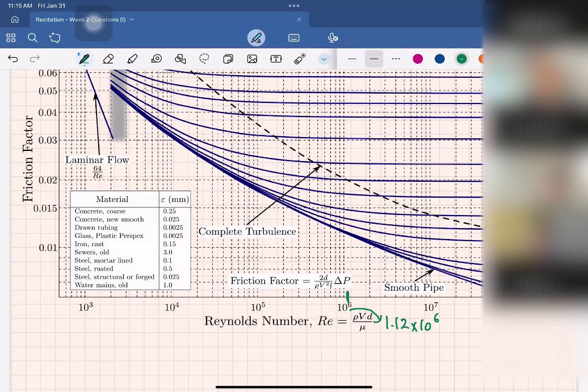It should be around here. Again, we are going to draw a curve, intersecting these two lines.